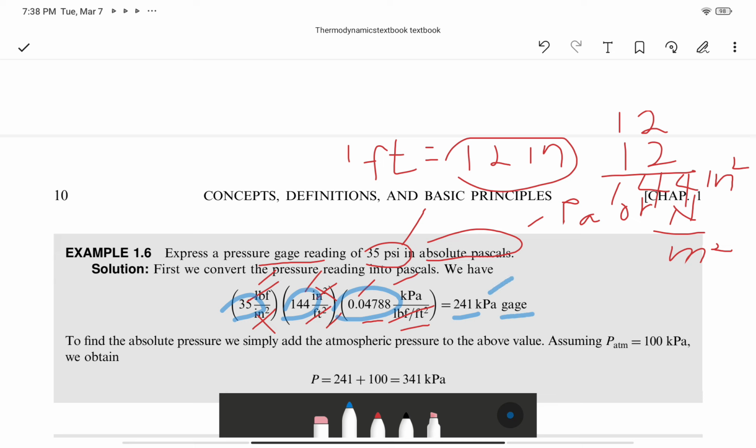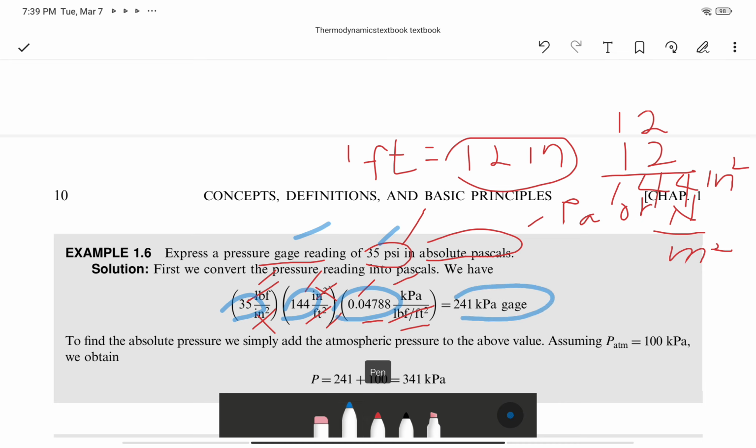So this is just gauge, right? Because you are just converting the gauge, 35 psi, in pressure gauge. So it's still in gauge, not yet absolute.